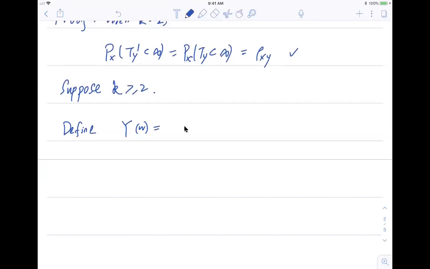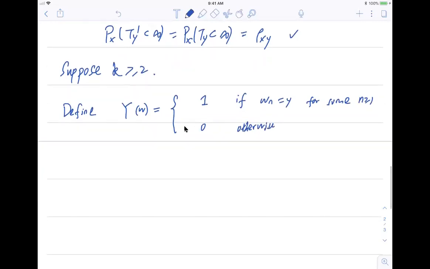So this is kind of an indicator function, which tells you which events you are interested in. It equals 1 for some n bigger than or equal to 1, and 0 otherwise.